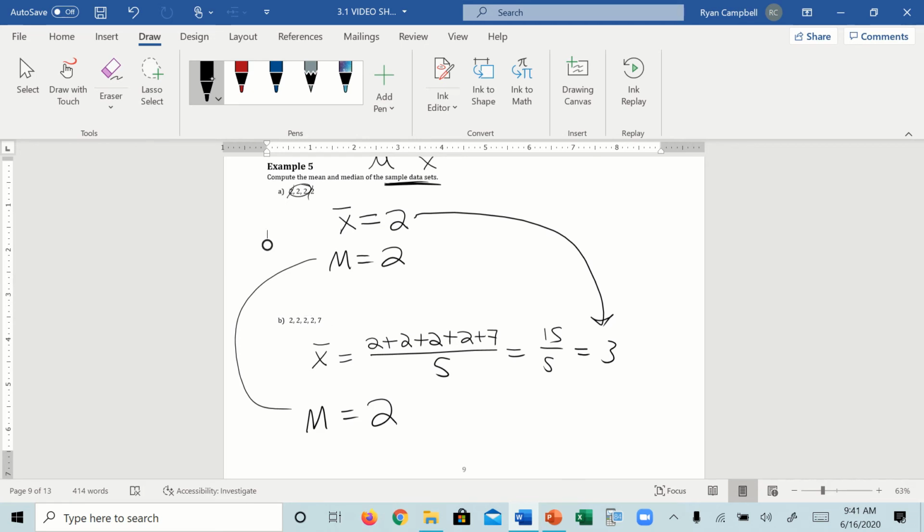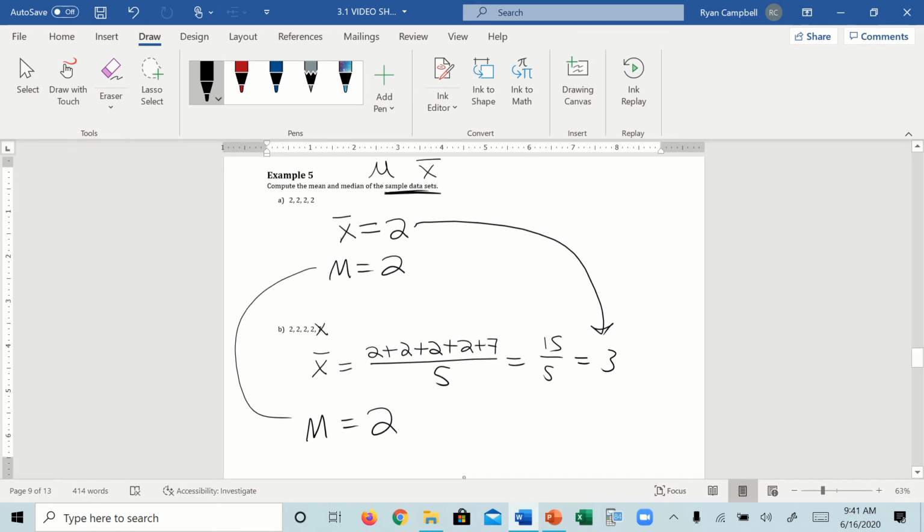And if you notice, where should the middle of our data be? Well, if all of the data is 2 except for one number, you would think the center of the data should be about 2. It probably shouldn't be drastically changed just because of one number. And if that doesn't make sense, that's okay.